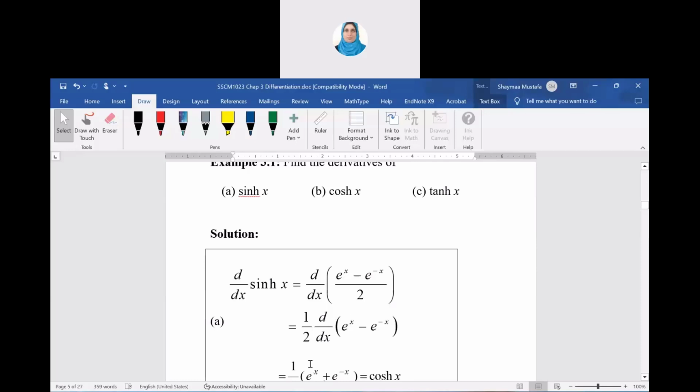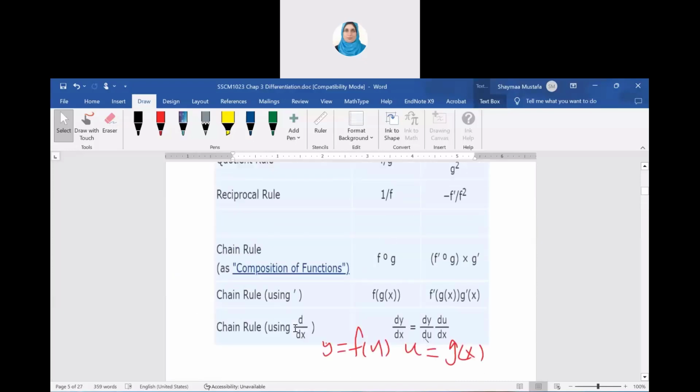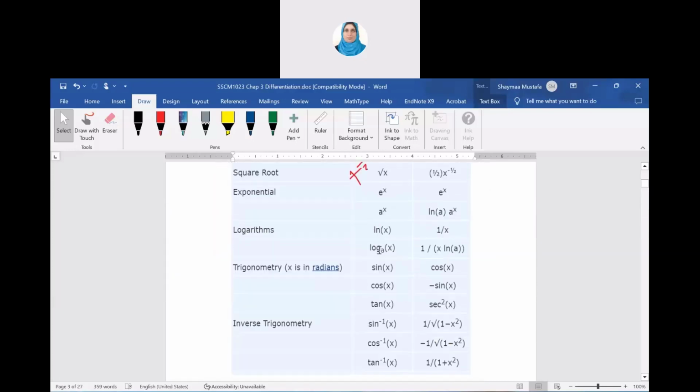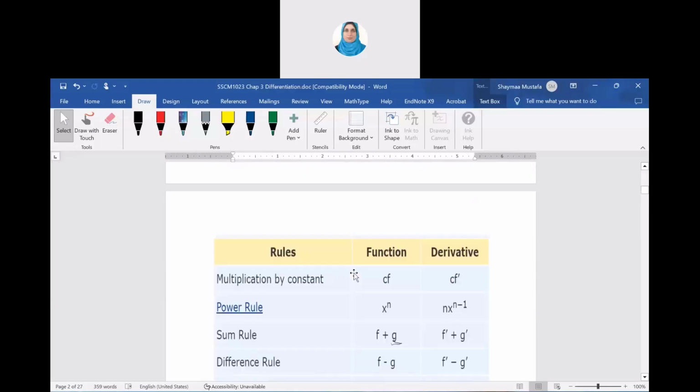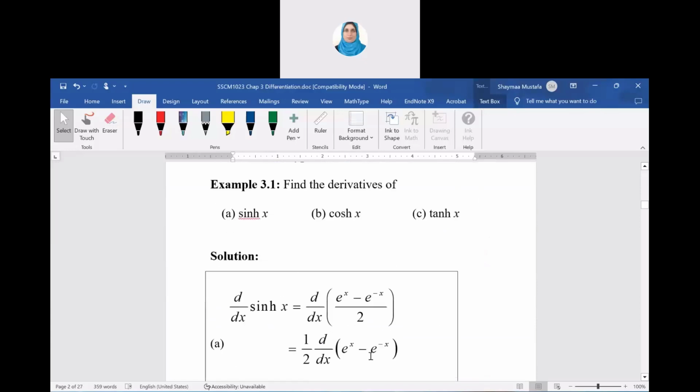The derivative for the exponential function is the same exponential function, based on this rule. The definition: the derivative for the exponential function is equal to the exponential function. Now I need to find the derivative for e^(-x).